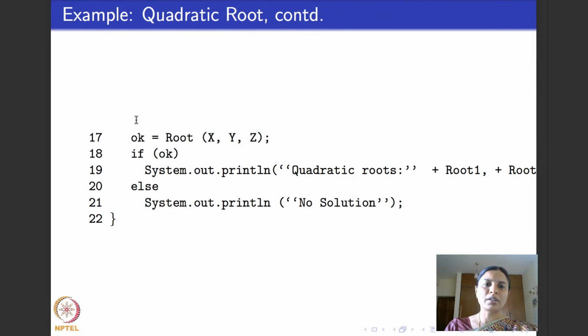Root returns this value ok, which says whether the quadratic roots have been computed or not. If they have been computed, they are stored in the variables root 1 and root 2. If ok turns out to be true, the values of root 1 and root 2 are printed. If ok turns out to be false, what is printed says that this equation has no solution.